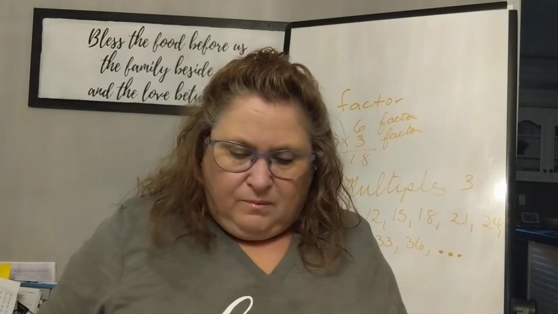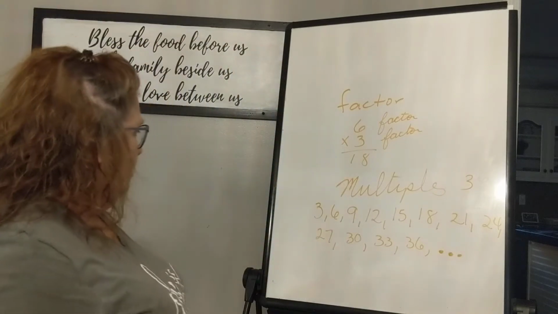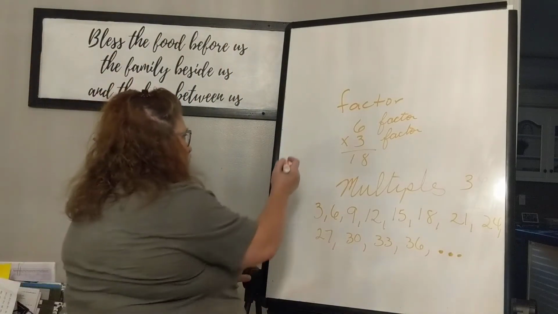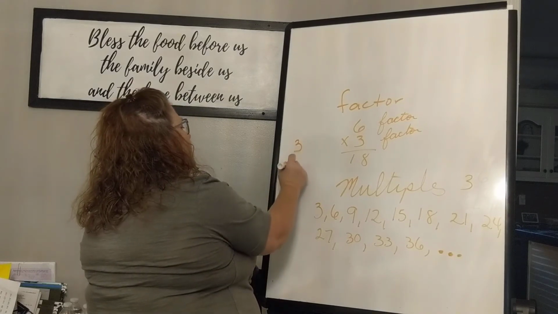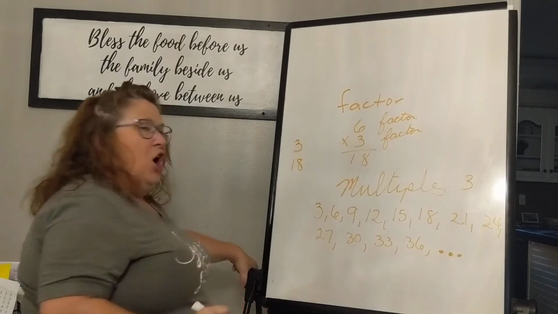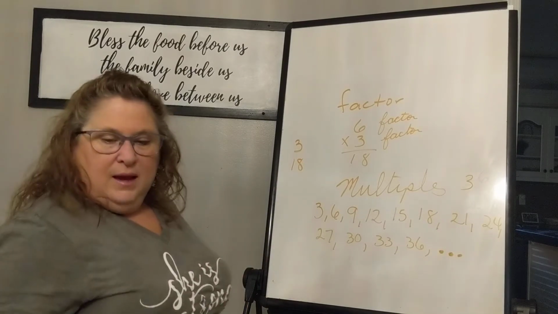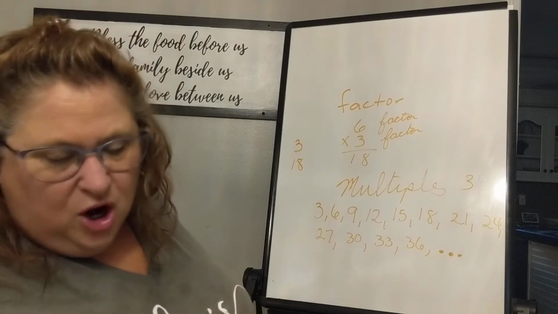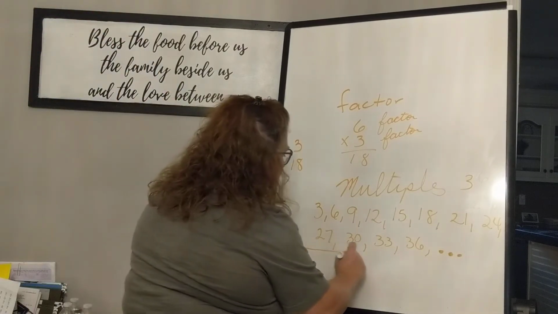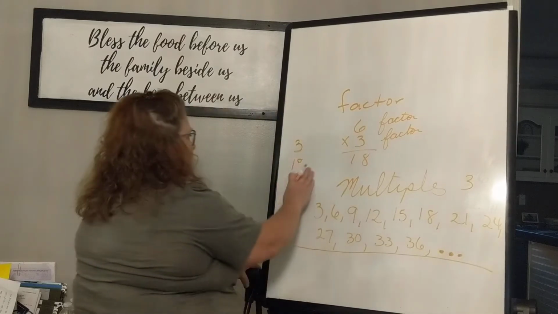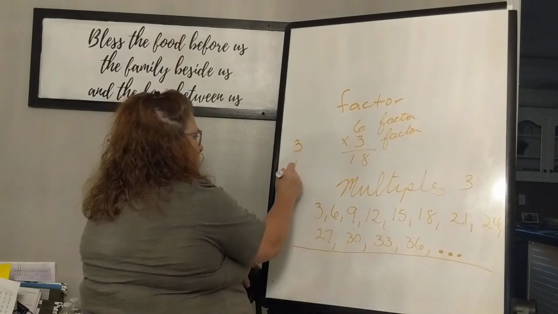Now, if we want to find a common multiple between two numbers, let's say 3 and 18, we want to find common multiples and then the least common multiple. Here are my multiples of 3. I don't want to count by 18s, so let's do 3 and 6.